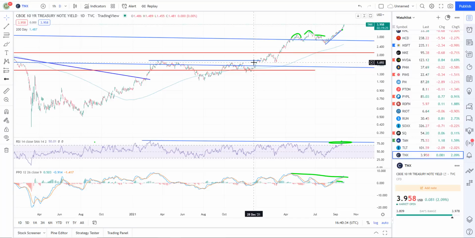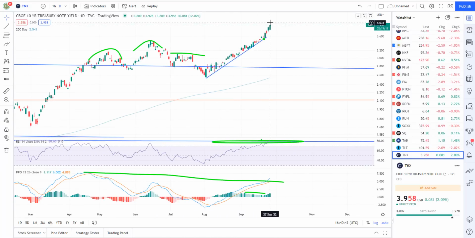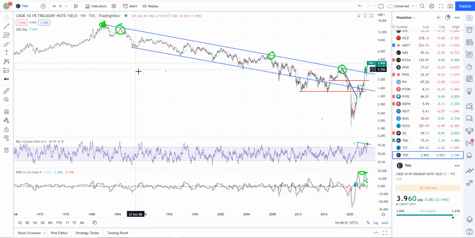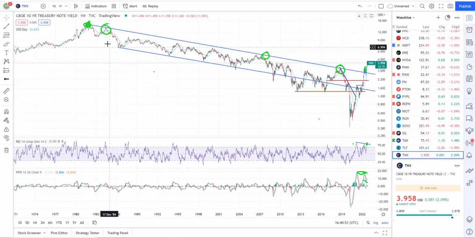That's going to have a real impact on the government's ability to finance the debt, all right? And that's really what it's coming down to. Again, I think interest rates will continue to rise in the future. When I look at the weekly chart, I see the potential of the end of the bear market in interest rates.